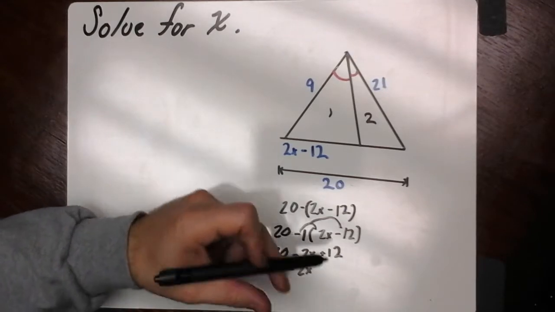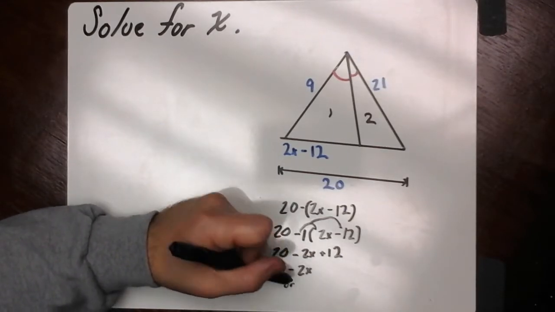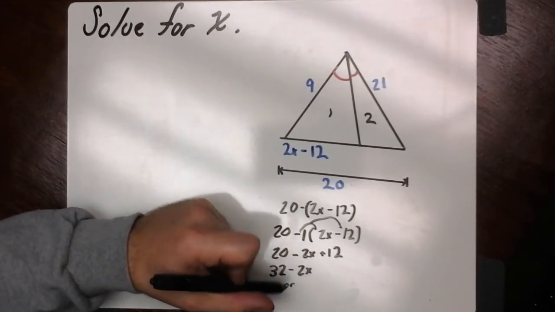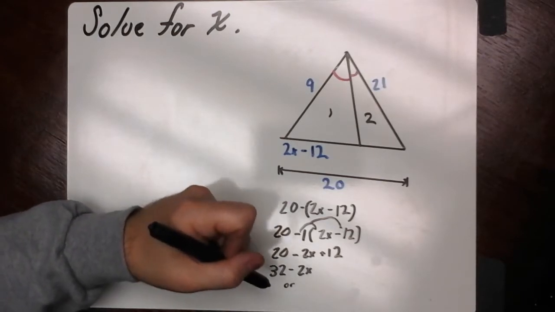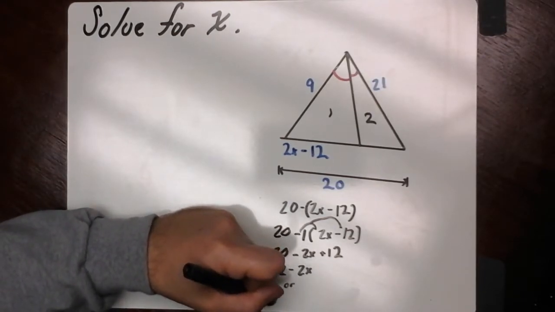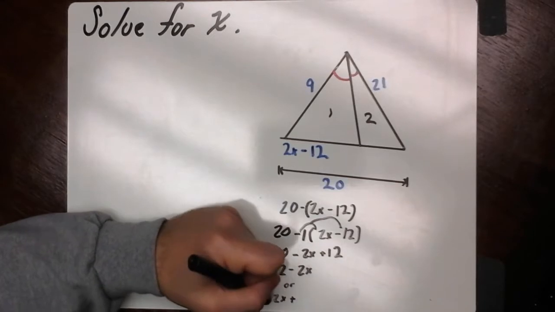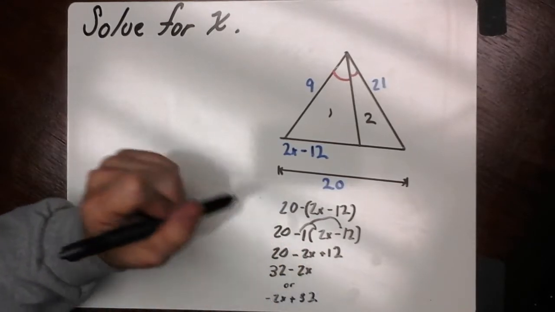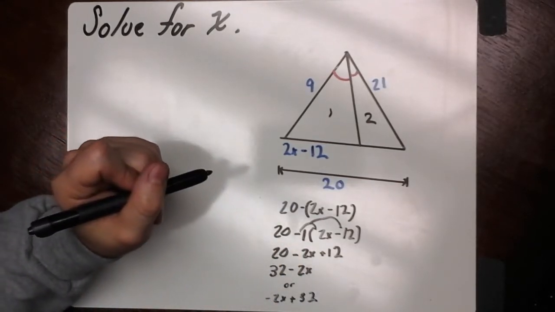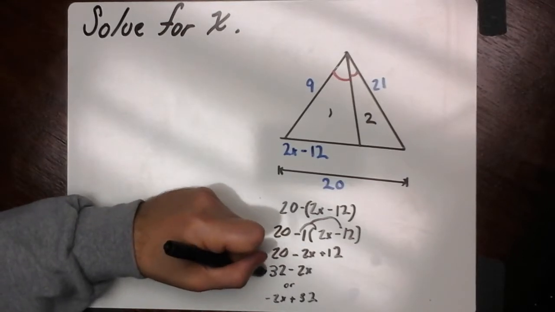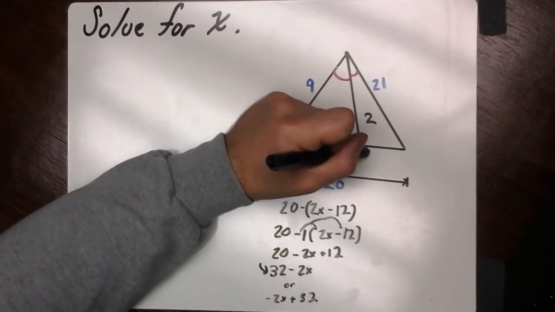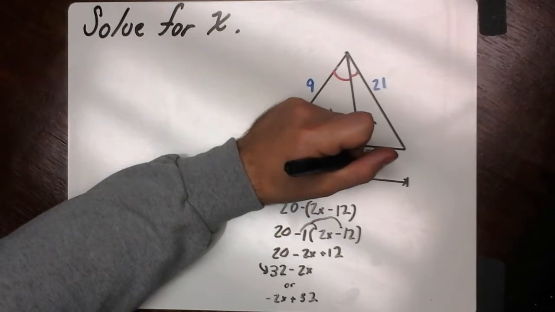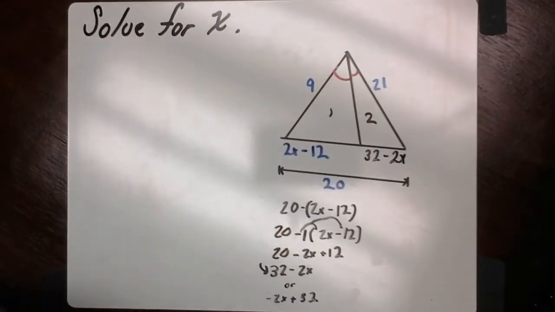If you choose to, and I'm just going to mark this down so you guys can get exposed to the arithmetic, I could also write this as negative 2x plus 32. However you wish to handle it. I'm going to use this one. So this is 32 minus 2x. And hopefully I didn't make any mistakes there.